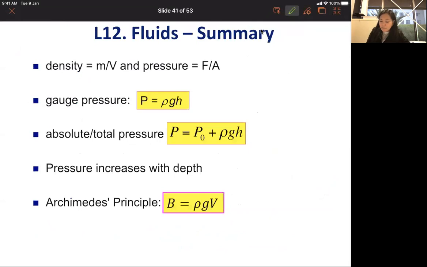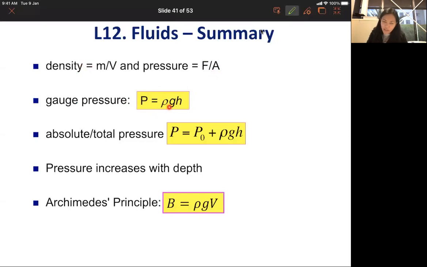All right. Any question about the lecture? Because then that ends our lecture on fluids. We learned about density and pressure, and then gauge pressure, which is the pressure relative to the height or the depth of where your object is located.